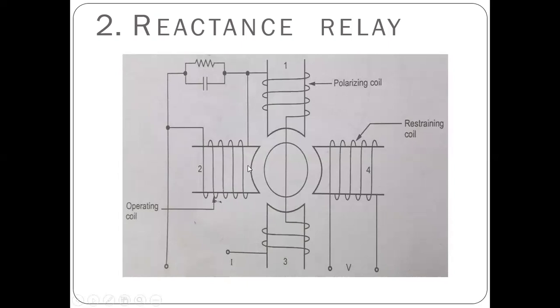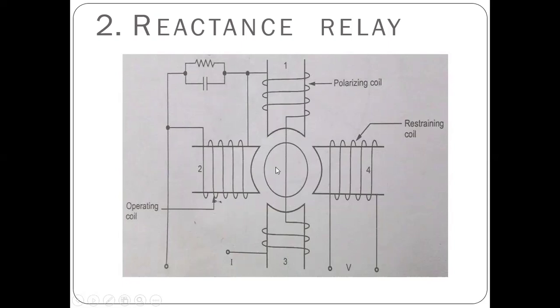It has four poles: pole 1, pole 2, pole 3 and pole 4. It has an operating coil, a polarizing coil and a restraining coil. The current in the polarizing coil sends flux from the upper polarizing coil magnet to the lower magnet through the cylinder and the iron core.